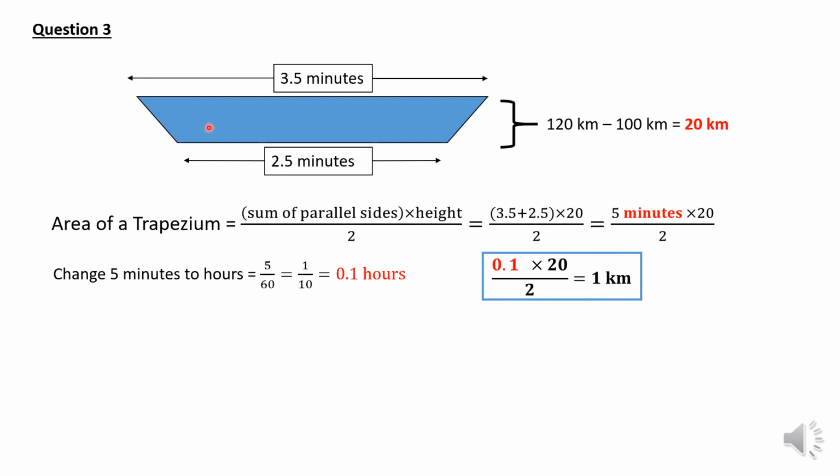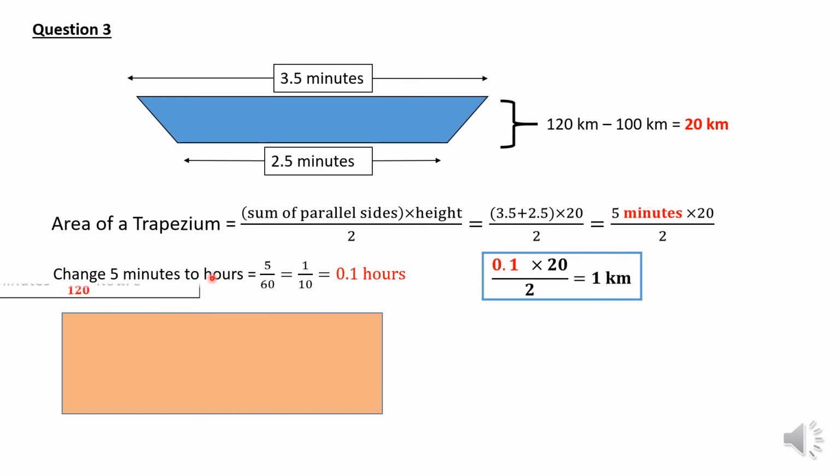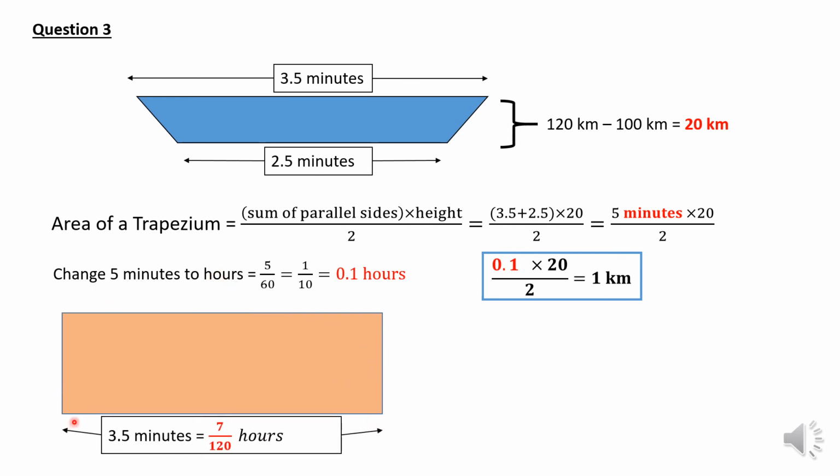Then if I bring my rectangle in again, the whole distance here is 3.5 minutes. Remember I said it's 7 over 120. How do you get it? You take 3.5 minutes and you divide it by 60, the same as I took the 5 here divided by 60, because 5 minutes is 0.1 of an hour. So once I have that distance, I will also consider my height.